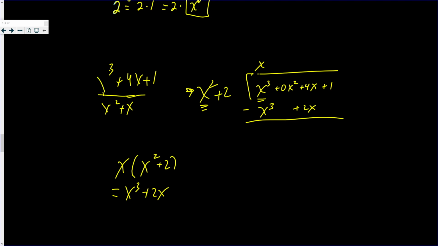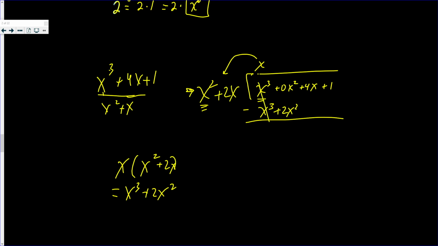Okay, sorry about that. So now, when you multiply the x by this, you'll get x cubed plus 2x squared. And now it's nice.